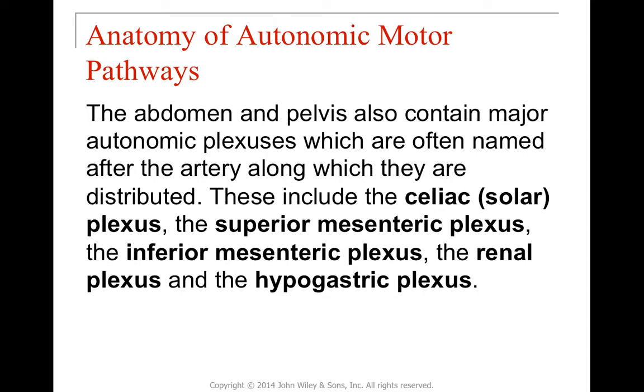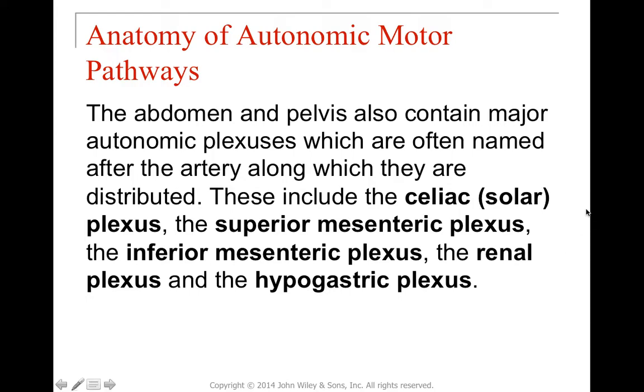All right, so I know we have a lot going on here in terms of all our different plexes, but we also have plexes in our abdomen and pelvis that are called the major autonomic plexes, and they're generally going to be named after the artery where they're located. So that's going to include the celiac plexus, which is located by the celiac artery, the superior mesenteric plexus, again, superior mesenteric artery, inferior mesenteric plexus, renal plexus, and the hypogastric plexus.